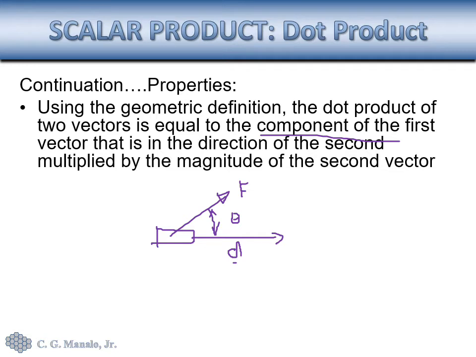You'll notice that if we compute the work done by that force, that would yield something like this, which is really the dot product of the force applied on the object and the displacement of the object. So therefore, we can write it this way.